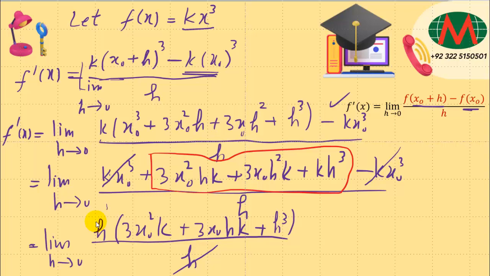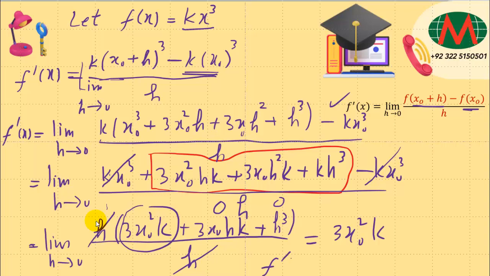This h cancels out with this. Okay, now whatever is left, we will put h = 0. There is no h here, so it will be written as it is, x0 square k, but here the h is there, so it will become 0, it will also become 0, so we are left with this.